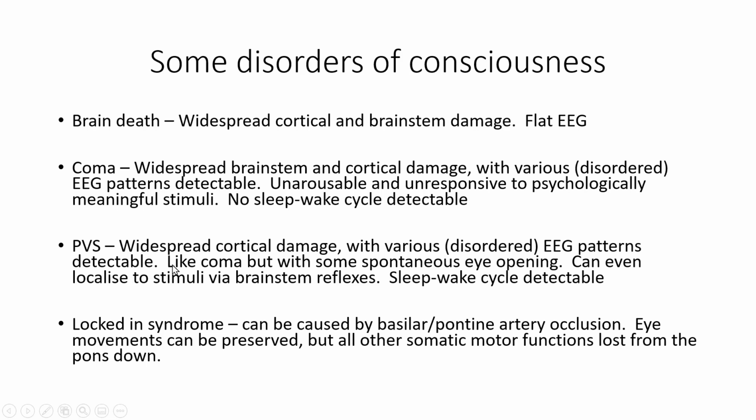It's very much like coma, but you might see some spontaneous eye-opening as well, and sometimes they can even localise to stimuli. So it seems that in PVS they have more of a functioning brainstem, but it is the cortex, or the connections between cortex and brainstem, that have been affected. And of course, in going from brain death through coma and PVS, the prognosis becomes better.